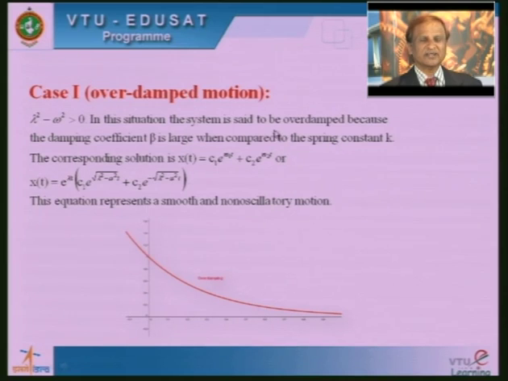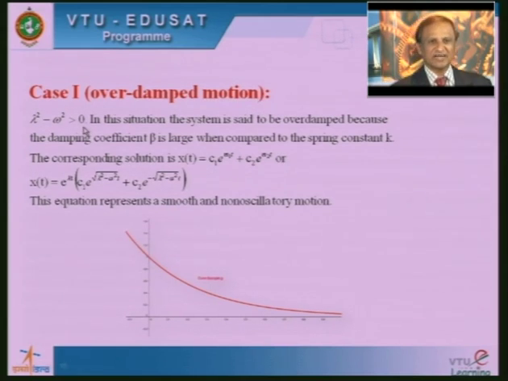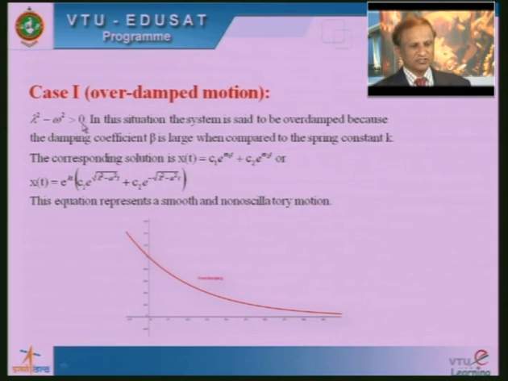Now, we can take case by case as I have mentioned. We have to think about lambda square minus omega square, whether it is positive, negative or equal to 0. So, now I will consider lambda square minus omega square greater than 0. In that case, what type of roots will we obtain?